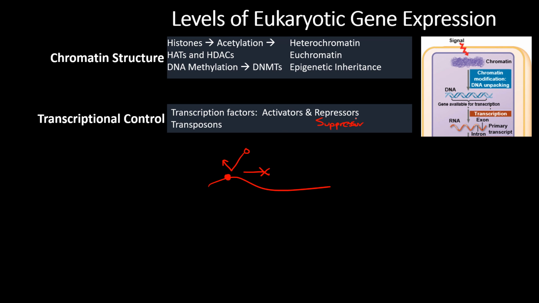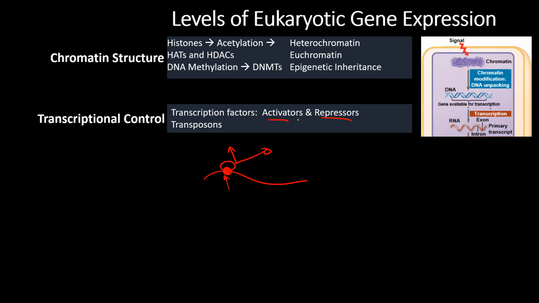That's one way the repressors work, by binding to DNA itself and preventing other proteins from binding. Alternatively, you can have an activator bound and then a suppressor bound to it, preventing proteins from binding to the activator. Okay, so that's a simple example of activators and suppressors or repressors.